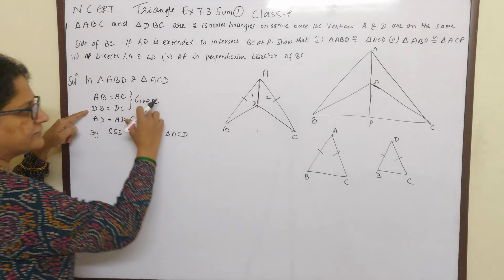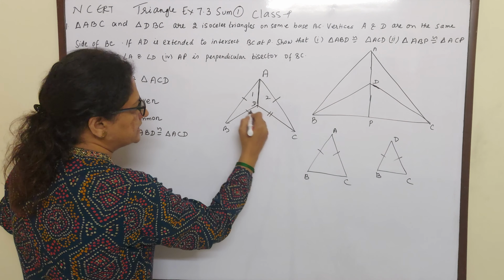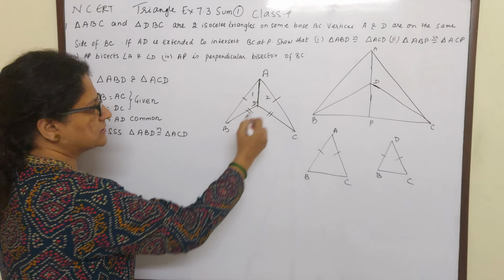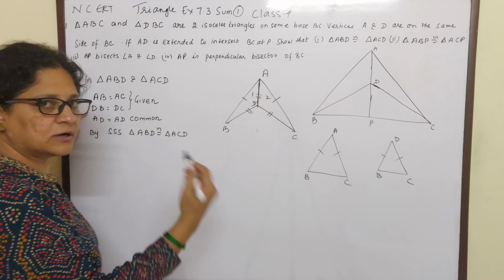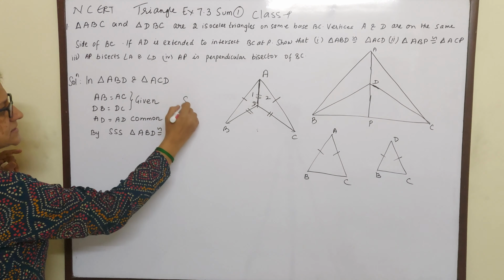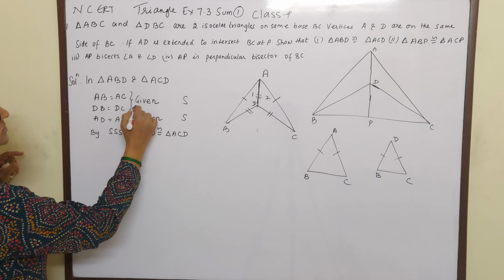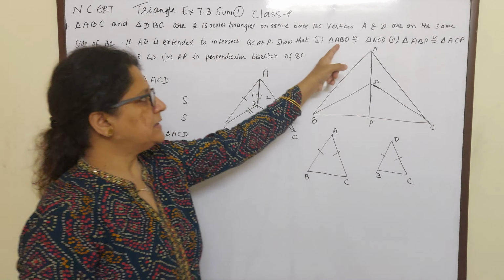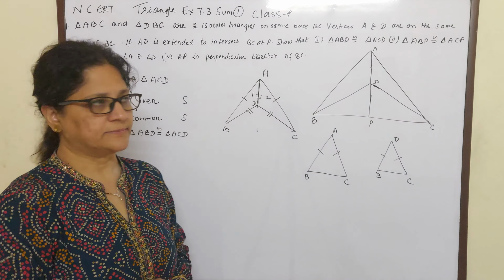That is also given. Then what is the common side in both the triangles children? AD. So this is your third common side. AD equals AD. Now all these are side, side, and this is also side. So by side, side, side, you can say ABD is congruent to ACD.